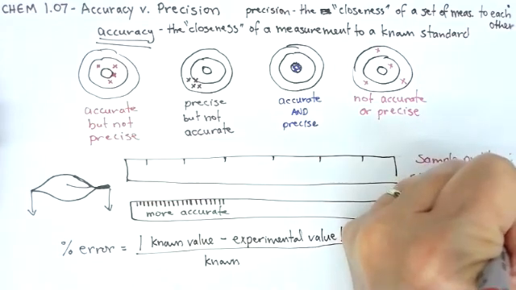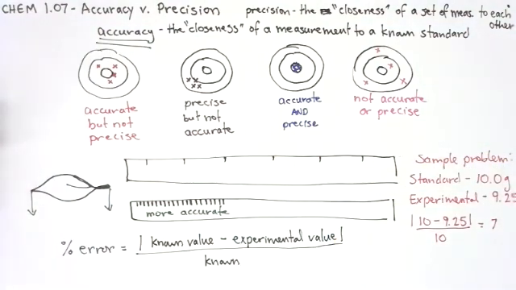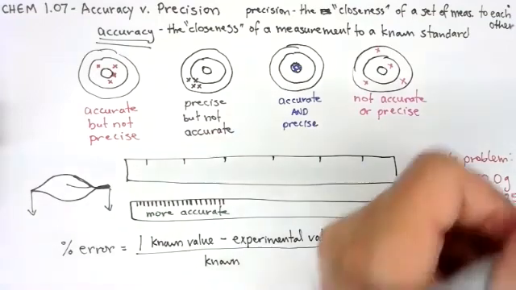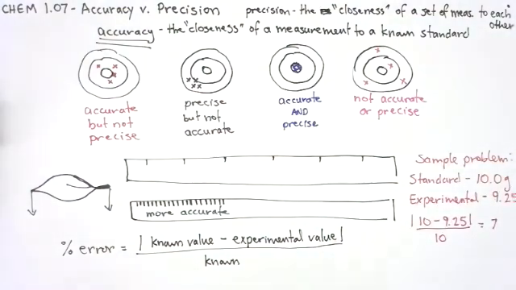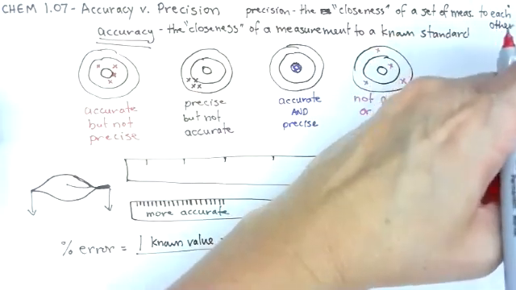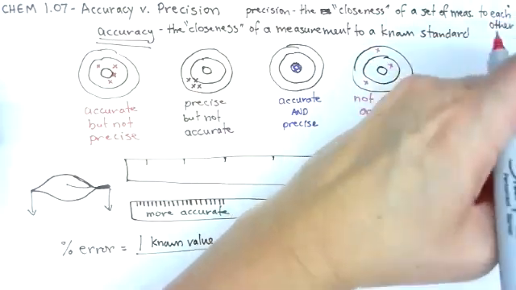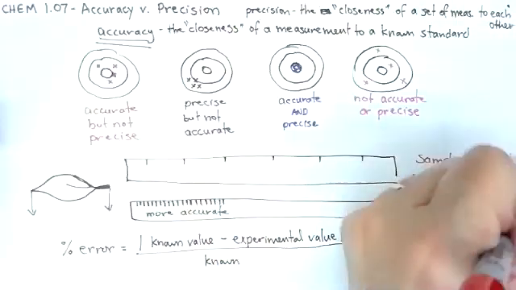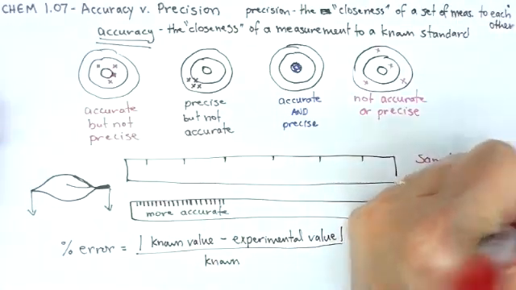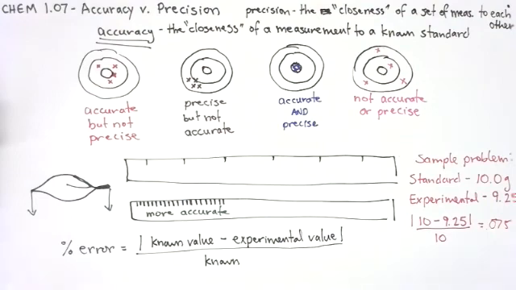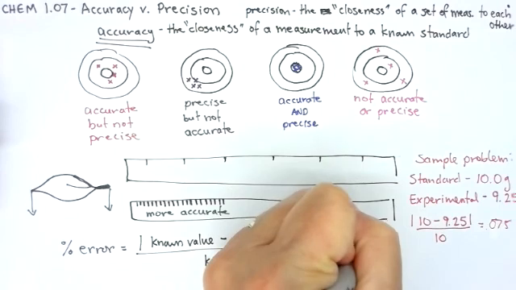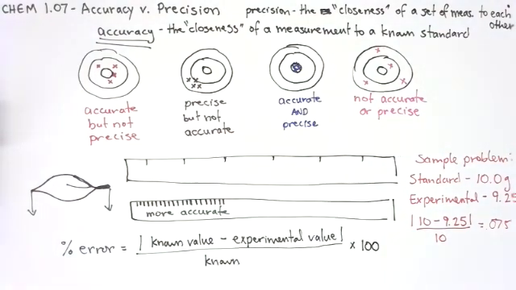So I'm going to get, oh, you know what? I just realized I forgot something. It's going to be 0.075. I forgot something in my formula. So let me go back and add that. I have to put it into a percent form, so I have to multiply it by 100.